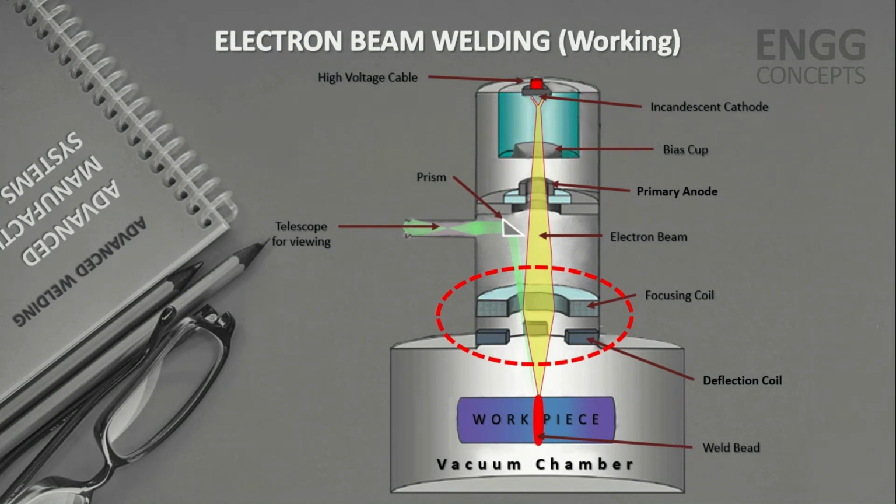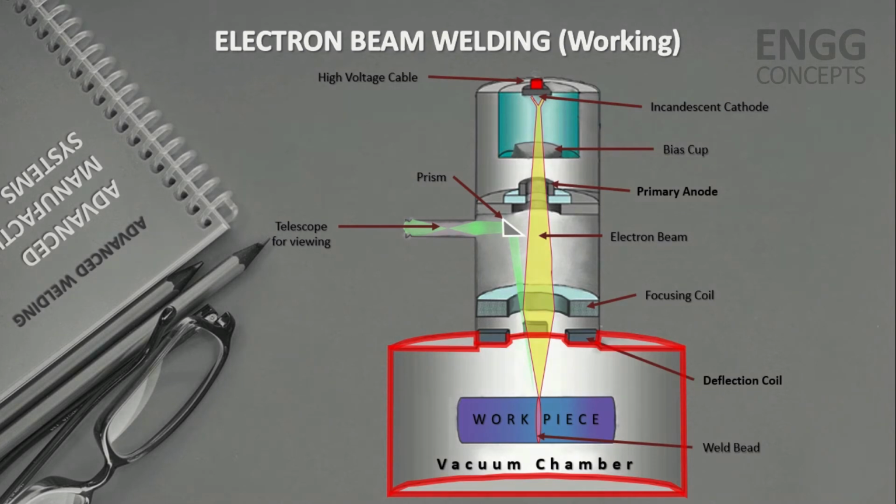The heat energy is used to create the weld by fusion. The welding process is carried out in a vacuum chamber to avoid the collision of electrons with air particles in the way, because this collision of air particles loses energy of the electron beam. We don't want that to happen.